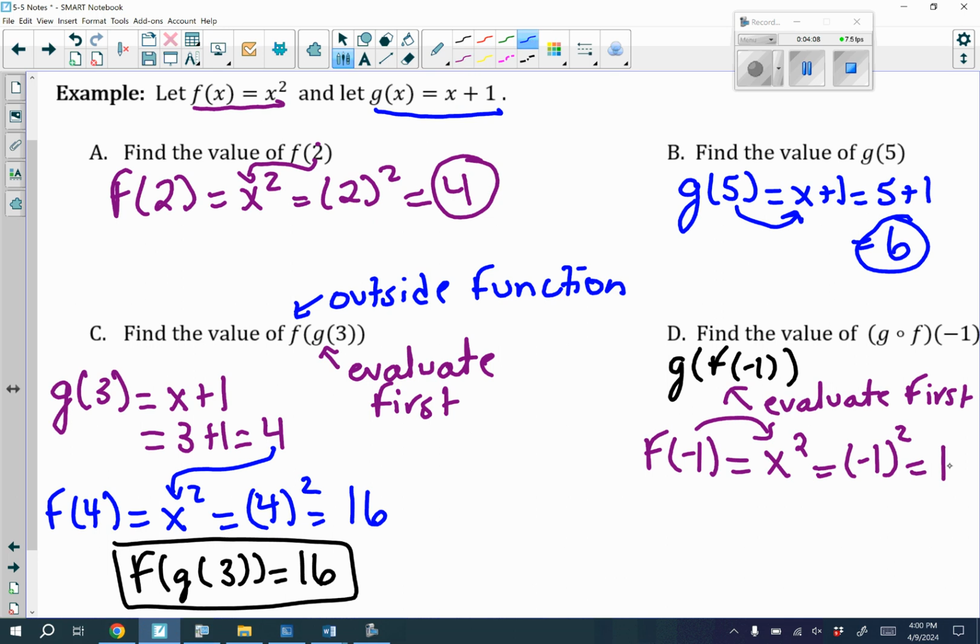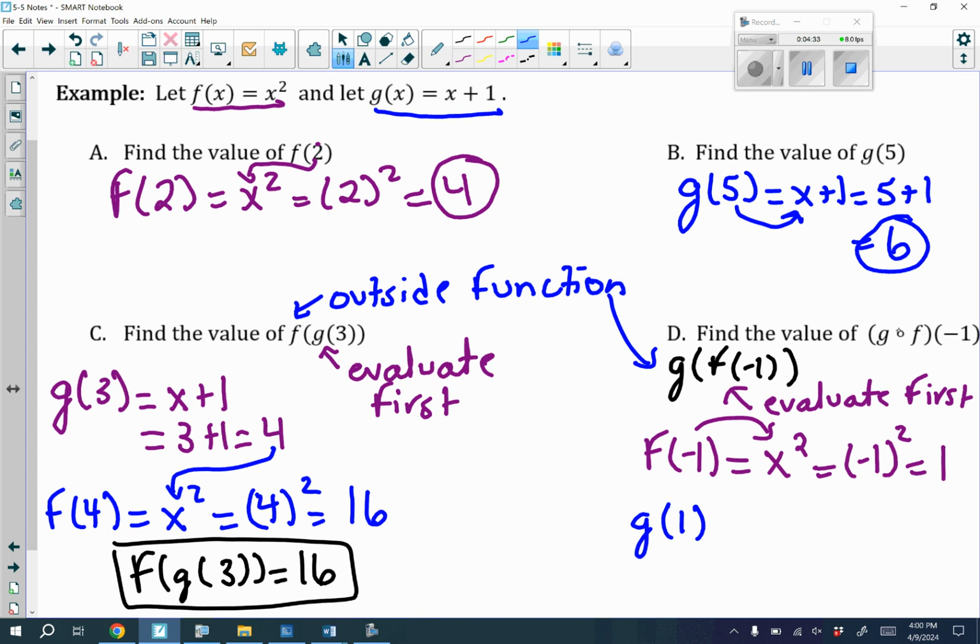Now, we're going to take our +1 and plug it into the outside function. The outside function is going to be g. It's outside because it's outside of the parentheses. Now, the reason I knew that g was going to be on the outside and f was going to be inside is this order. Whatever is first, remember, that's going to be our outside function, and whatever is the second letter, that's our inside function.